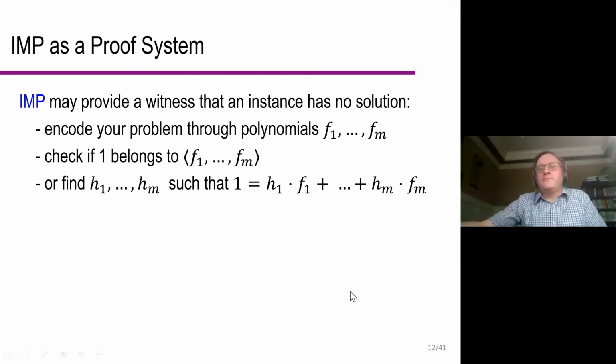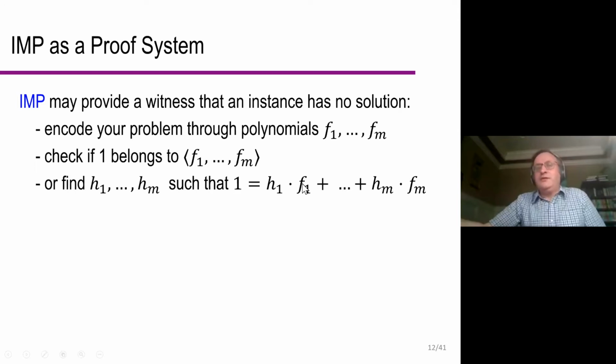By the way, a side note: if we can impose some kind of nice condition on those H1, ..., Hm, for instance, suppose we know that our problem is such that if this is possible, then H1, ..., Hm can always be chosen to be of degree at most 5 or something like this. Then I can actually algorithmically verify if such polynomials exist. What I need to do in this case is write down H1, ..., Hm.